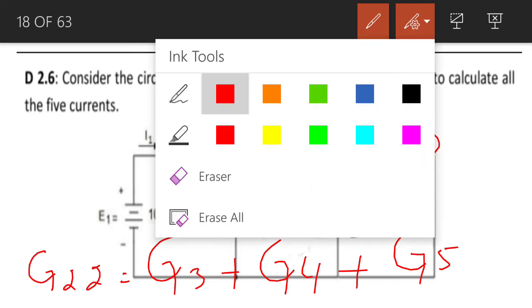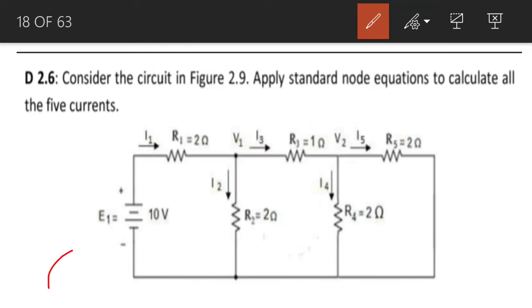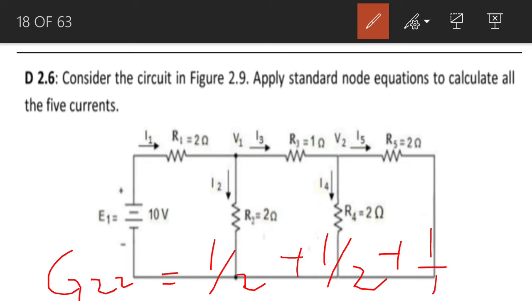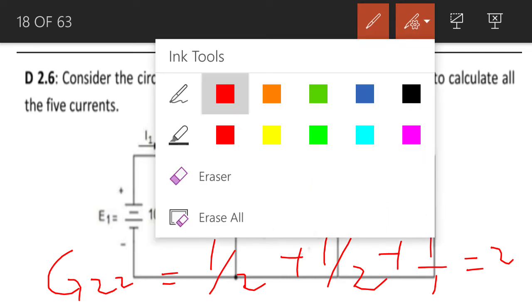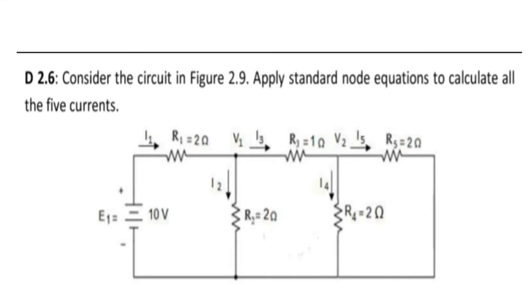So G22 will be equal to 1 by 2 plus 1 by 2 plus 1 by 1, that is equal to 2 mho. So G22 is 2 mho as well. G11 is 2 mho and G22 is 2 mho as well.